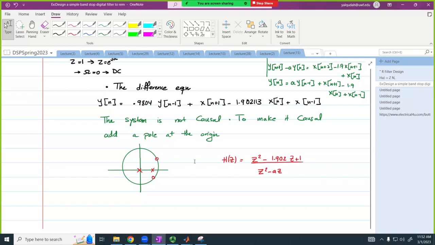Make sense? So it's not going to impact anything. The only thing it's going to do is shift the output, and in this case we shift it by 1. I could have put 2 poles here and shifted by 2. Okay.